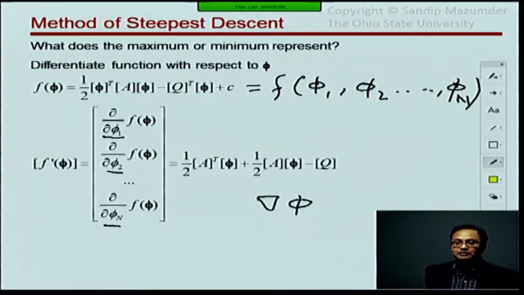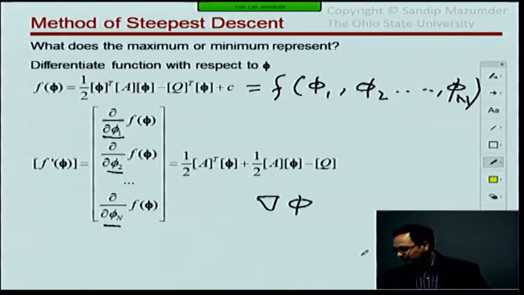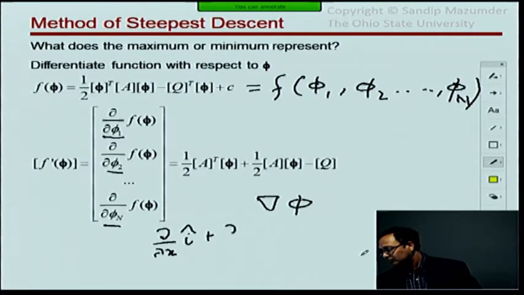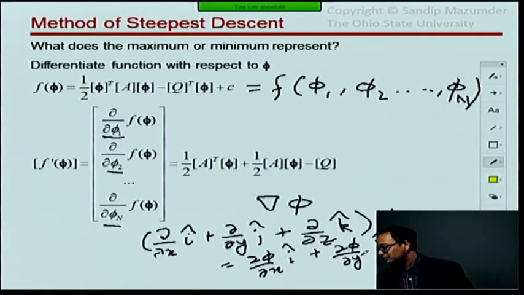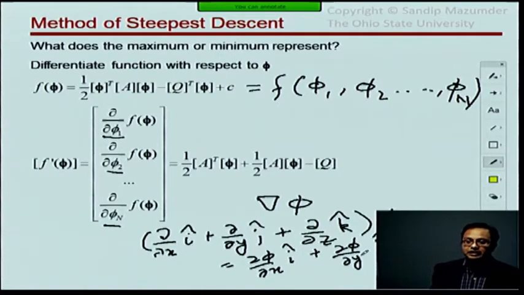Because gradient of phi is d phi dx i plus d phi dy j plus d phi dz k operated on phi, which gives me d phi dx times i plus d phi dy times j plus d phi dz times k. So the gradient of a scalar is a vector, because it has three components.